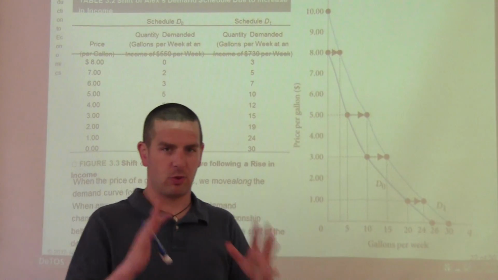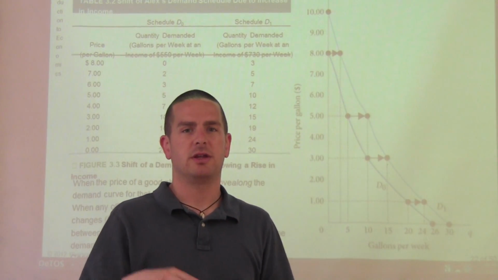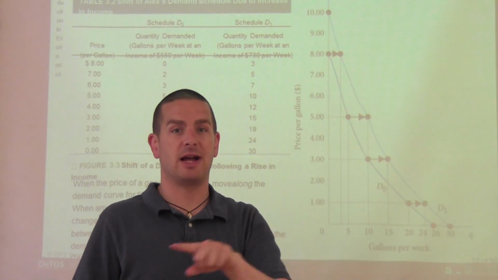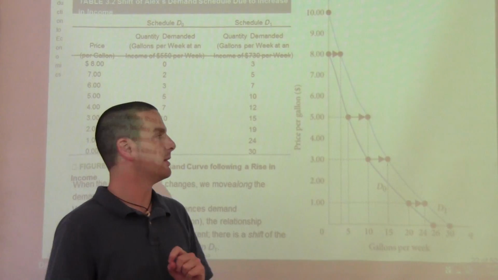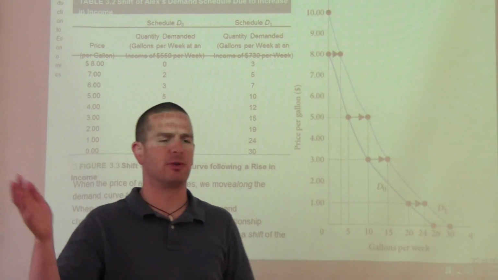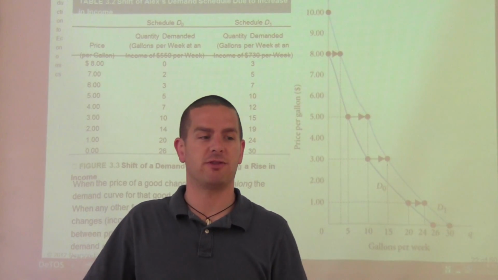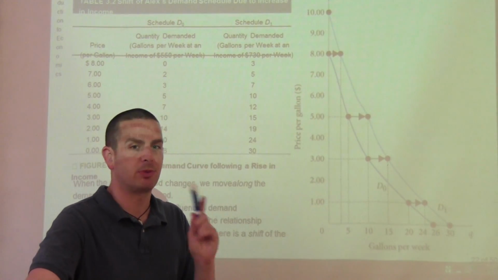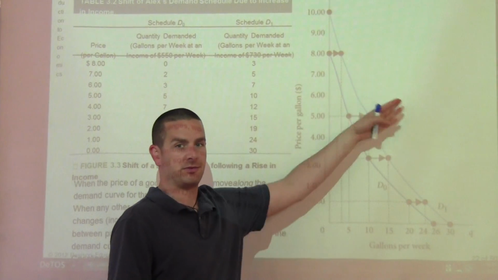This is incredibly important to understand. If a price changes, there's a change in quantity demanded, which means you're going to slide along the curve. On the other hand, if anything else changes, if your income doubles, if you get more wealth, if your expectations change, if your tastes and preferences change, anything else other than price, that will shift the demand curve.